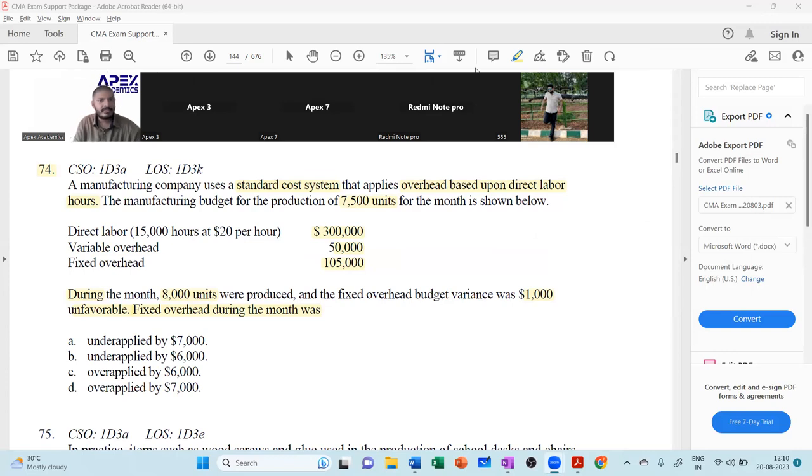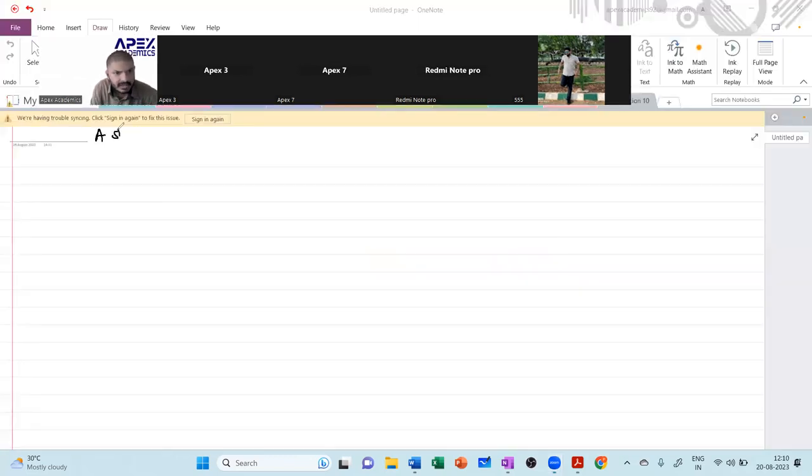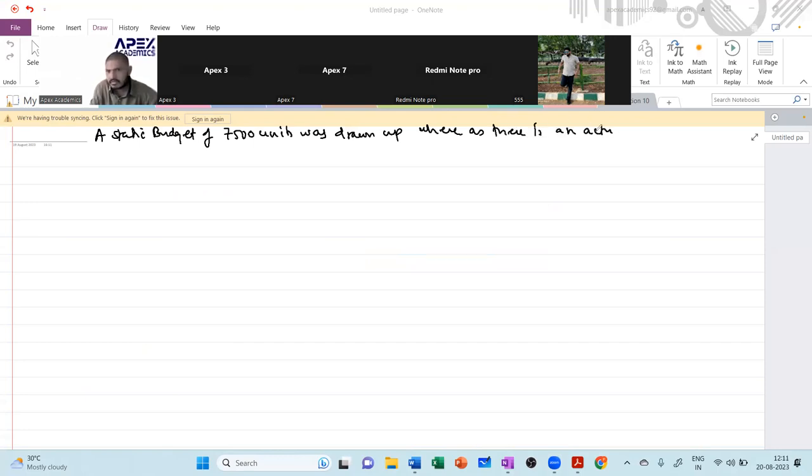So, I am saying that a static budget of 7,500 units was drawn up, whereas there is an actual performance of 8,000 units.